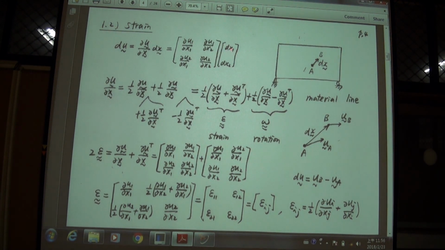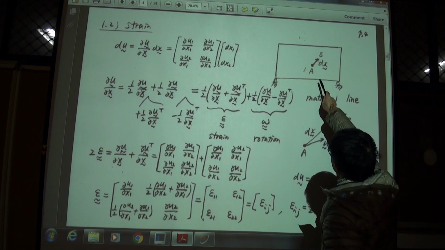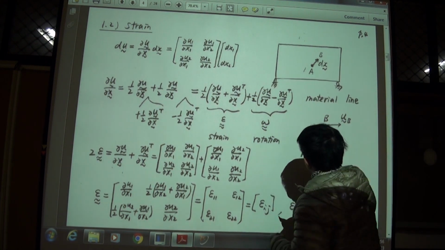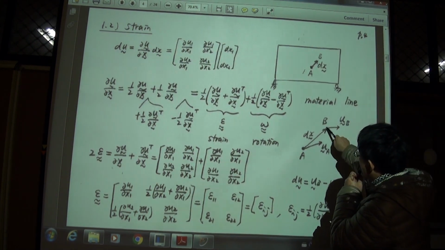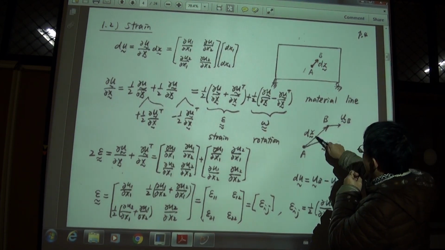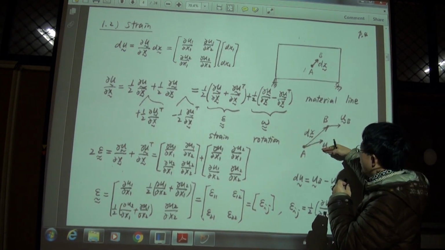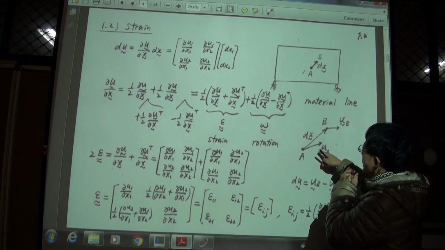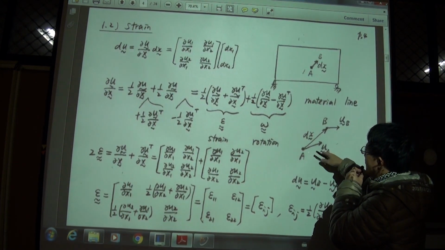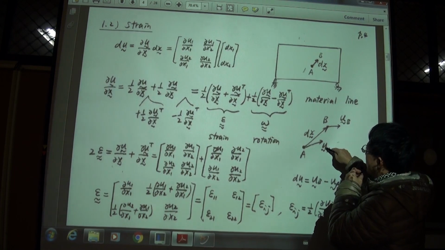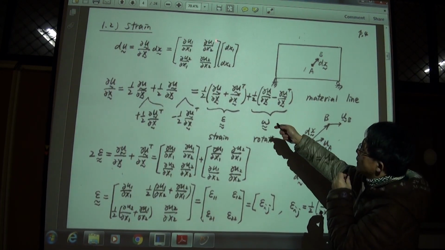The horizontal component is dx1, and the vertical component is dx2, like this.